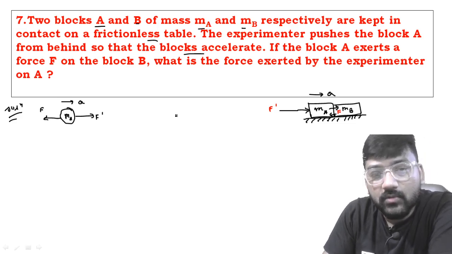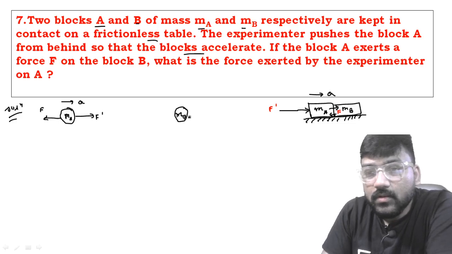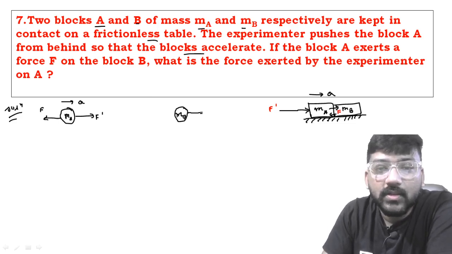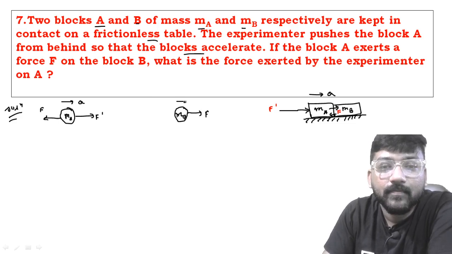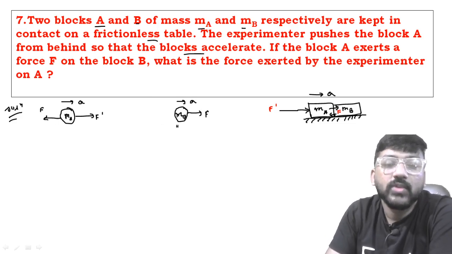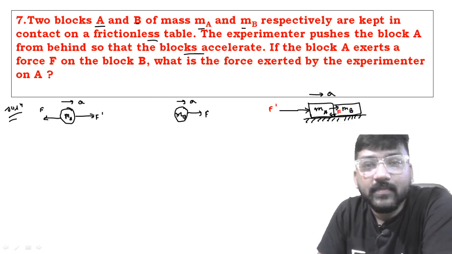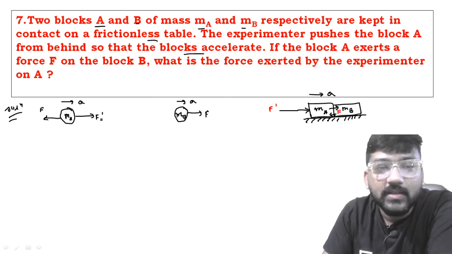But if we talk about mass B, the only force exerted by A on B is along this direction. If you solve these two equations, you will get A as well as F dash.